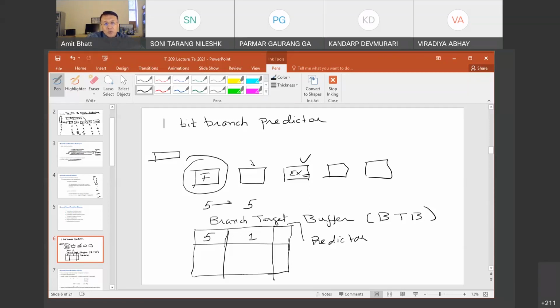You will go to instruction number 1 only if the branch is taken, right? So if your predictor says taken, it will go from 5 to 1. If it says not taken, then it will not go to 1, it will go to 6. Is this clear to you? Does anyone have any question?